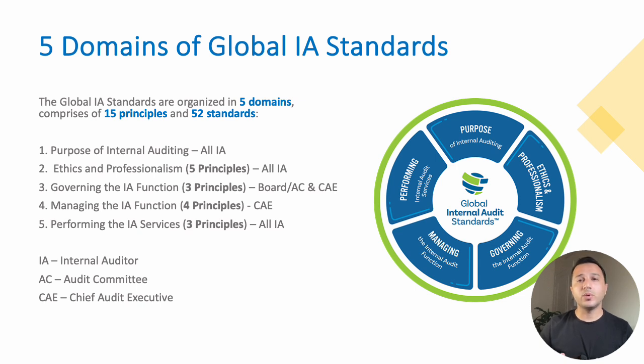So basically, they provided kind of a navigation based on which area of the standard is more applicable to whom within the internal audit department or outside the department, within the organization. So the first one, purpose of internal audit, is applied to all auditors. Ethics and professionalism, which comprises five principles, applies again to all internal auditors, that everyone has to comply with the ethics and professionalism.